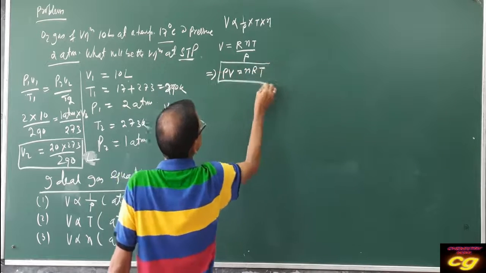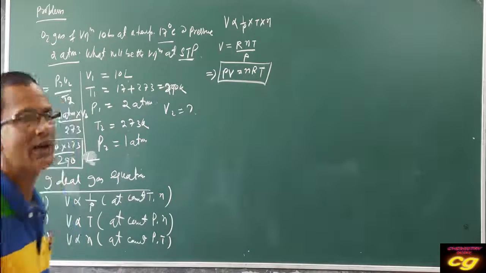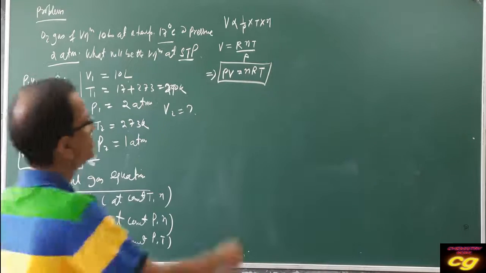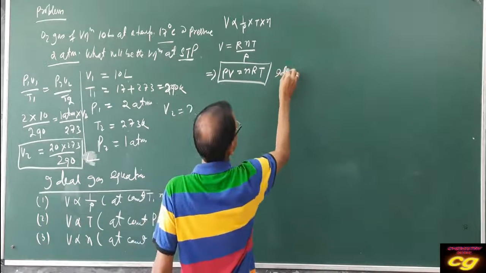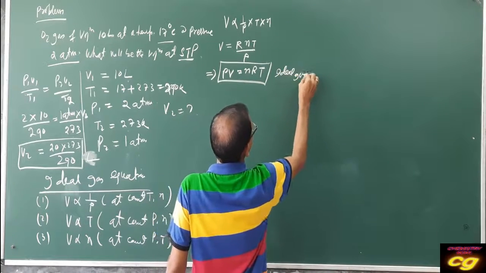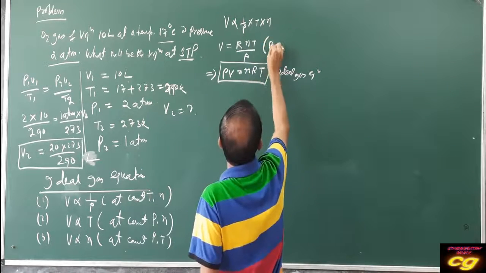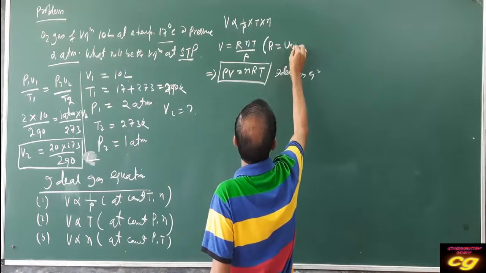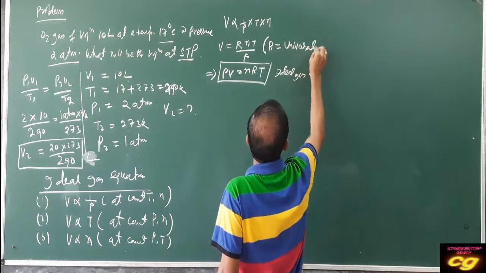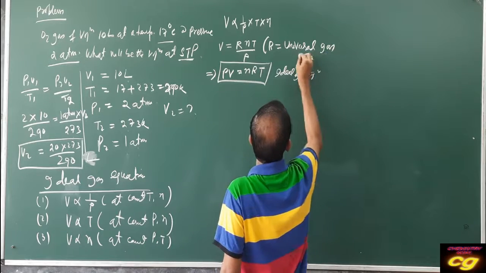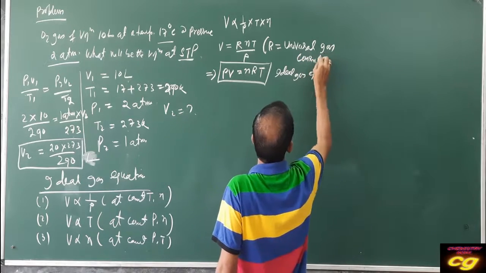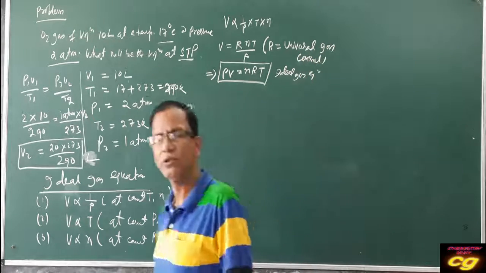So this is the derivation of the ideal gas equation. What is R? R is called the universal gas constant. Why is it called universal?